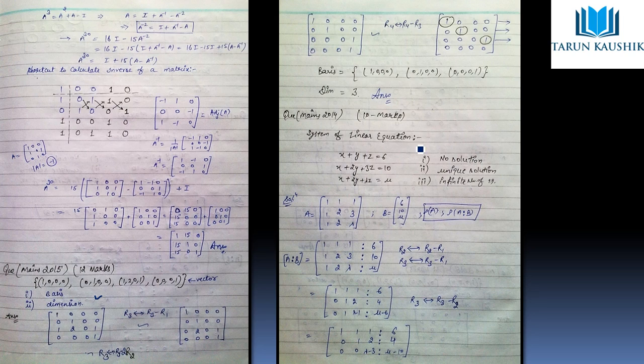Now we are solving the system of linear equations. Equations are given and we are required to calculate the values of lambda and mu for no solution, unique solution and infinitely many solutions. So first of all we must know when no solution exists, when a unique solution exists, and when infinitely many solutions exist.